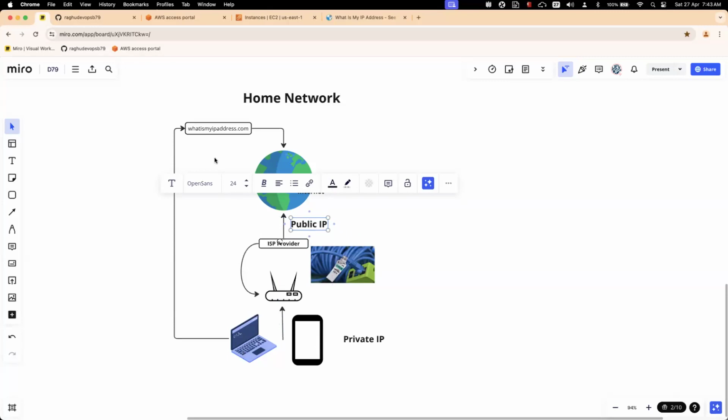Now let's say someone from google.com can't connect to your laptop, and your laptop can't connect to a laptop sitting in the Google office or any other company. Likewise, my laptop can't connect to your home, and your laptop can't connect to my laptop.